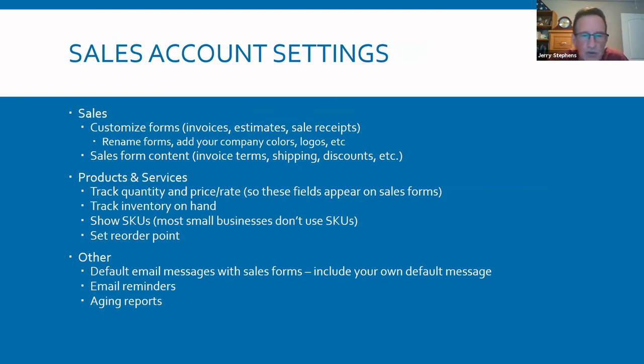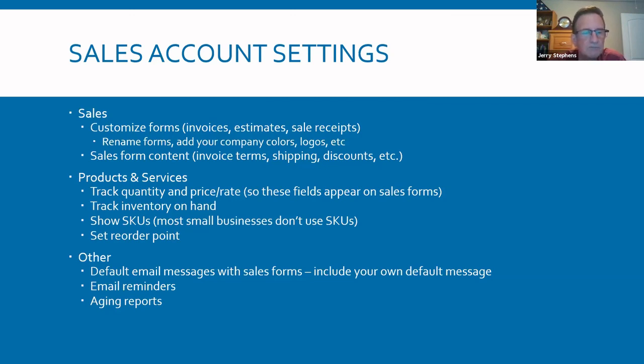You can use your own company color schemes and logos, to help in consistent branding. And you can establish your own sales form content, whether that's invoice terms, shipping methods. If you want to offer discounts to groups of customers, all customers, specific customers, etc., it can be customized to do that as well.